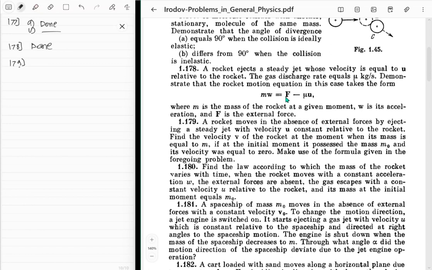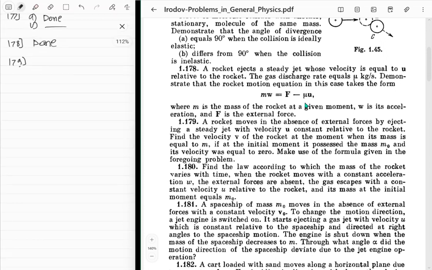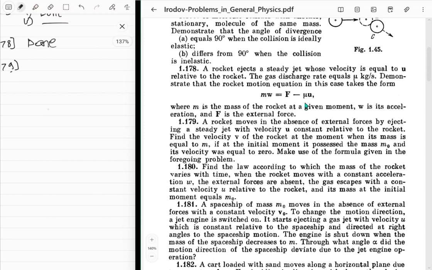Okay, so first of all, plug F equal to 0 in there, and then mu we don't know exactly, do we? No. Actually, yeah, we know. mu is just negative dm upon dt. So now this just becomes, and then u vector should be in the negative as well.